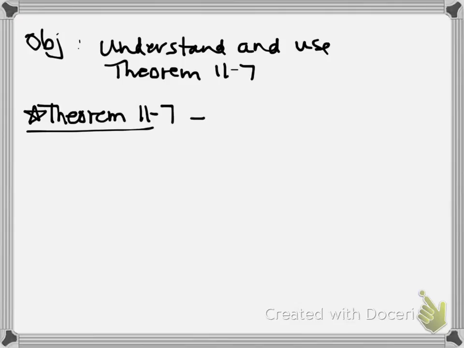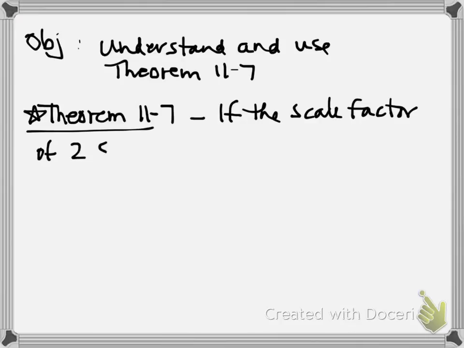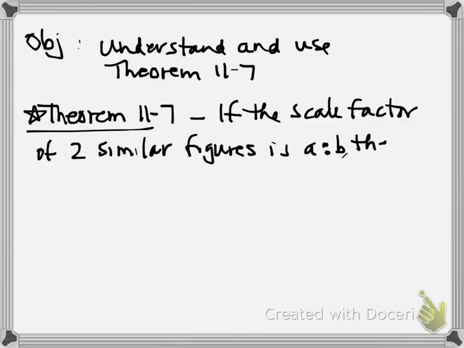So Theorem 11.7 states this: if the scale factor of two similar figures is A to B, and you guys probably saw this on the homework, so I told you to make sure you understood it from last night, then two things are true.